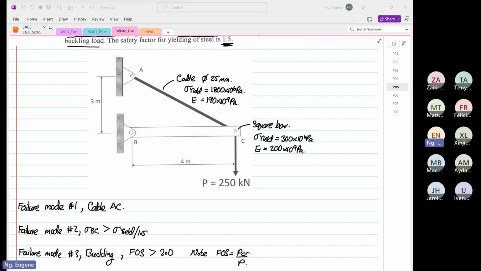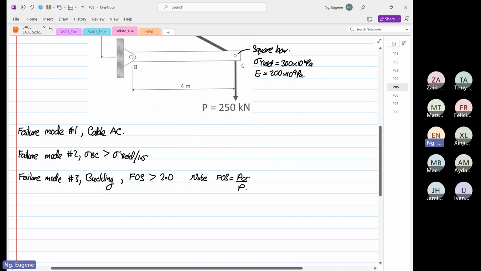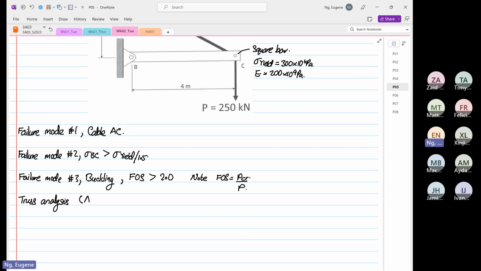Right. So the next thing we're going to do is perform thrust analysis. When we declare thrust analysis, we only consider the axial loading condition only.